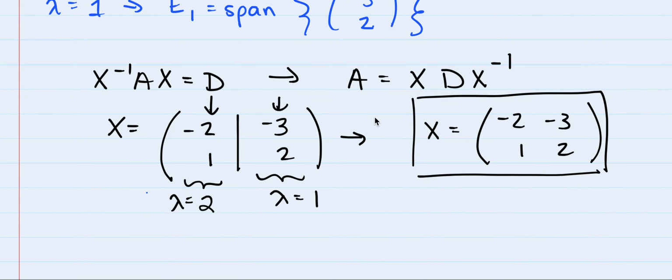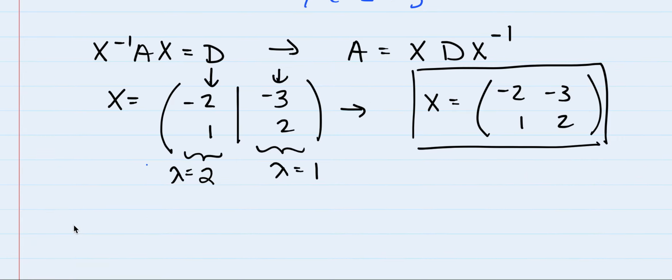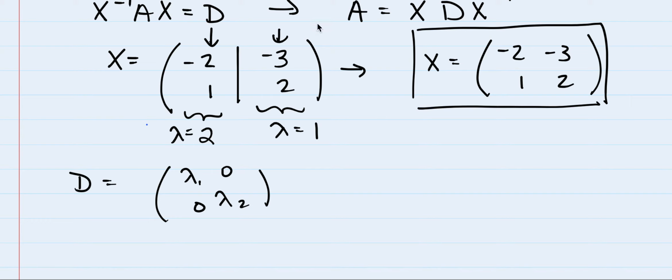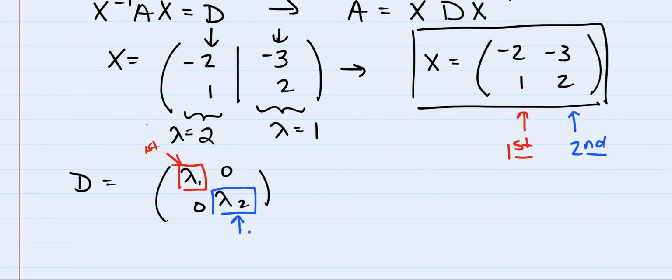Now the matrix D, okay, right now I'm going to put lambda 1 and lambda 2, and I'm going to explain how you keep it straight. So this is the first eigenvector, and that's going to go with the first eigenvalue you see. This one is the second eigenvector, so this is going to go in the second diagonal entry here.